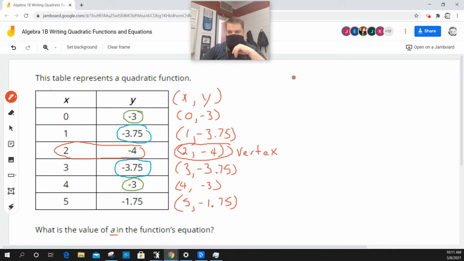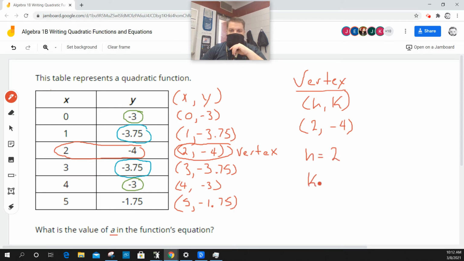All right, so I know that my vertex, which is really my h comma k, is 2, -4. In other words, my h value is equal to 2. My k value is equal to -4.